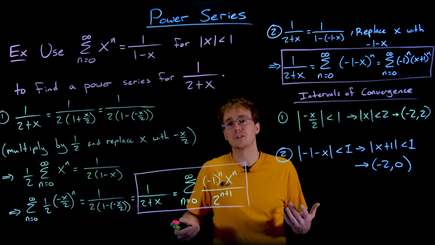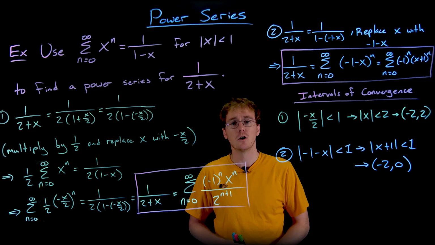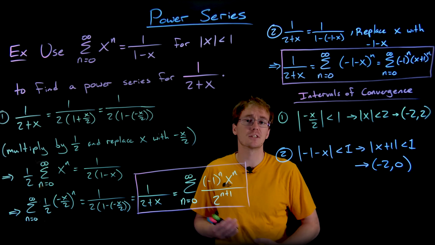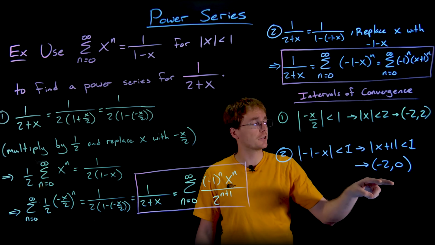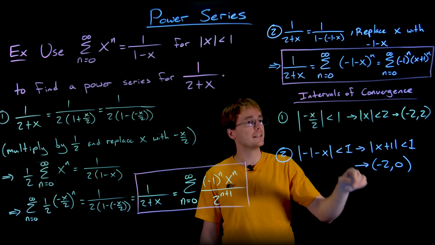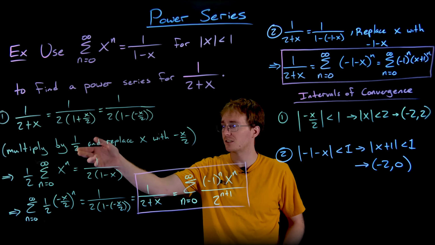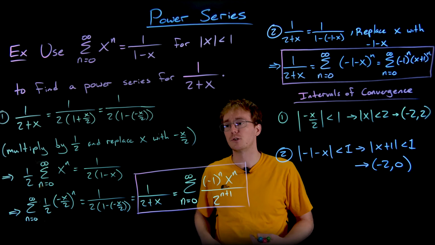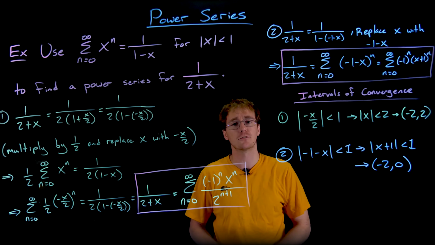So the final question is, if we have multiple representations for the same function, which representation do we use? Or does it even matter? For that, we can look at the interval of convergence. And what we can notice right away is that our first representation, made by multiplying that starting series by 1/2 and substituting x with -x/2, actually has a larger interval of convergence.